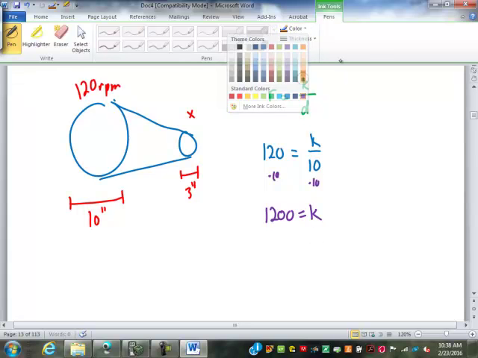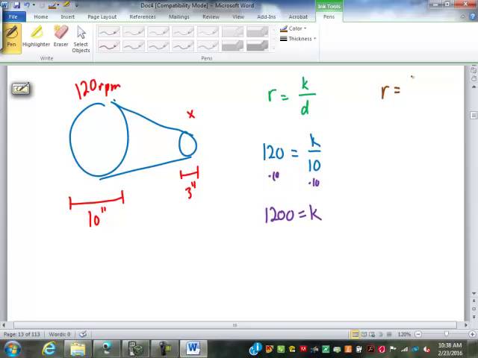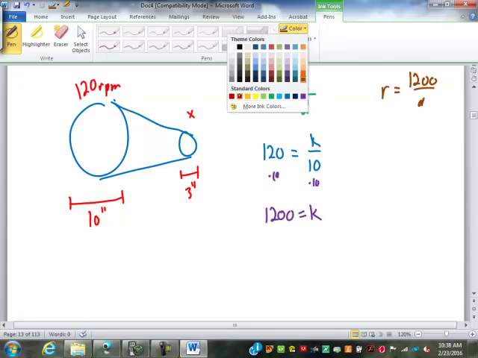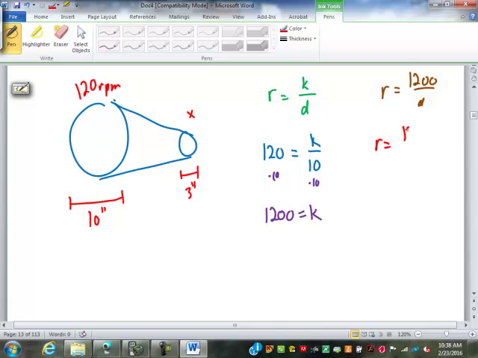So then going back up and saying, okay, RPM equals 1200 divided by diameter, and putting in the 3 for the diameter, 1200 over 3 gives me 400. So this has to be 400 RPM for the smaller pulley.